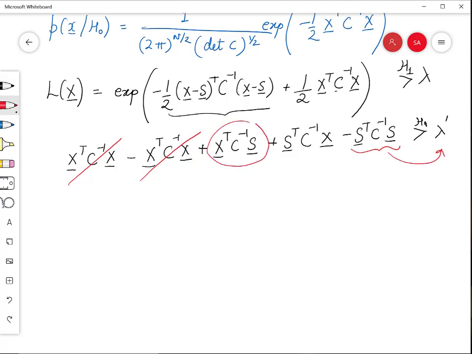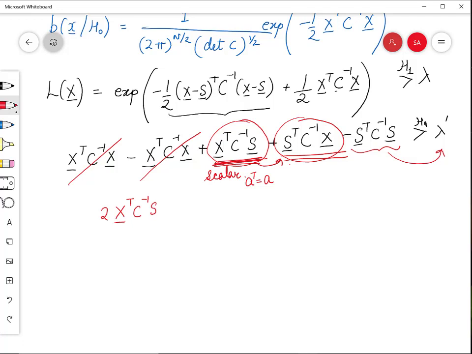Now you see these two expressions here. What are the dimensions of these two expressions? These are scalar quantities, and for a scalar quantity A transpose is equal to A. So if I take the transpose of this, it is equivalent to this. So I can write it as twice of X transpose C inverse S is greater than lambda double dash.